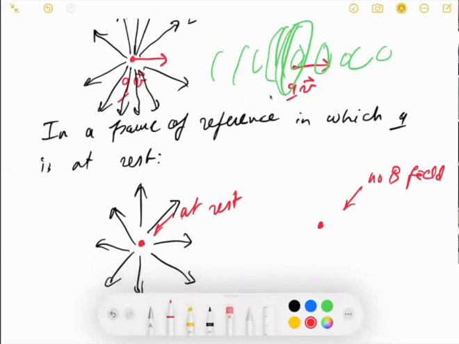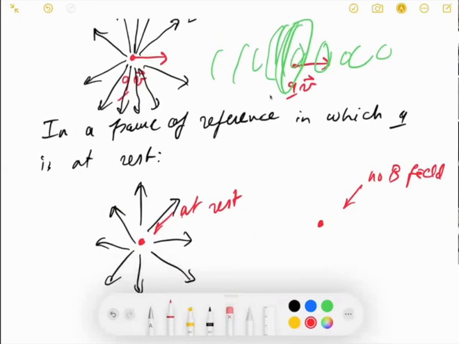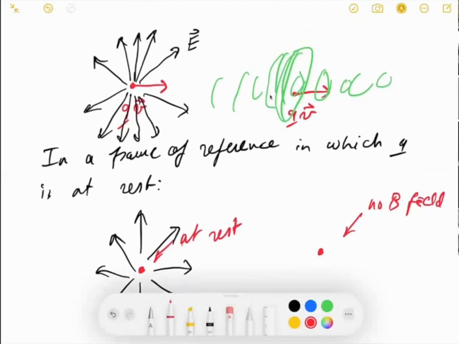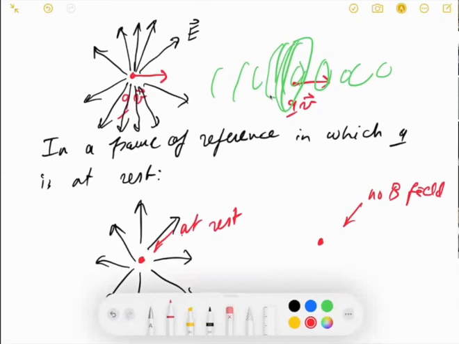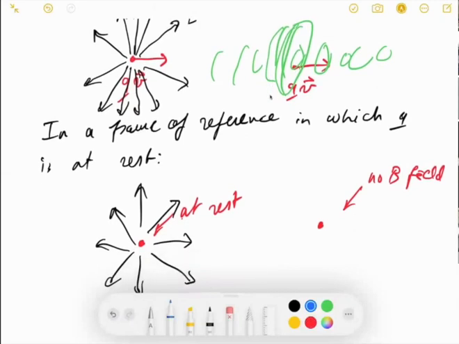So hopefully you see that the reason the electric field becomes squished like that is because of the effect of length contraction. That's the relativistic effect, which literally just stretches the coordinate system.